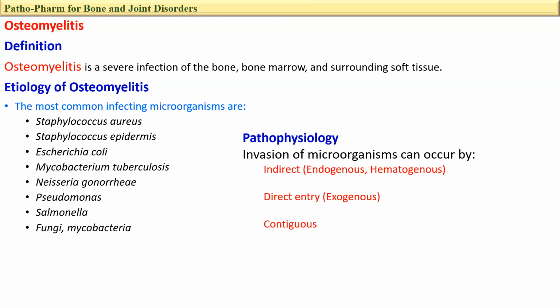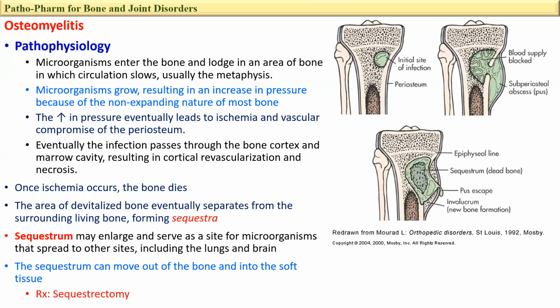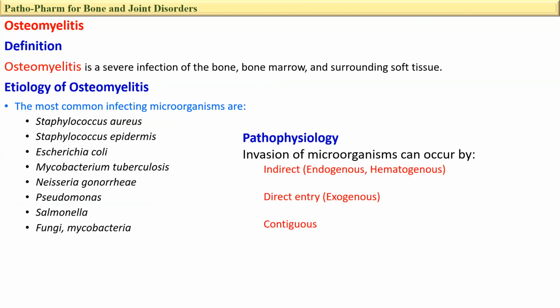Then we have the exogenous, which is the direct entry, and then the contiguous. An example would be an infection resulting from skin infection of adjacent tissue, or a periodontal infection, for example, dental infection and then bone infection.